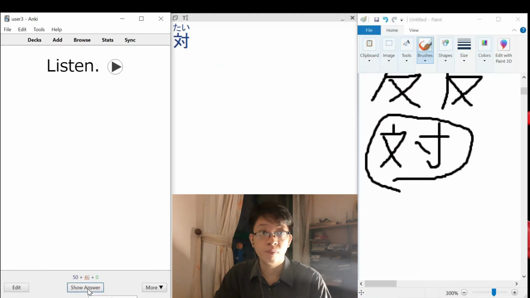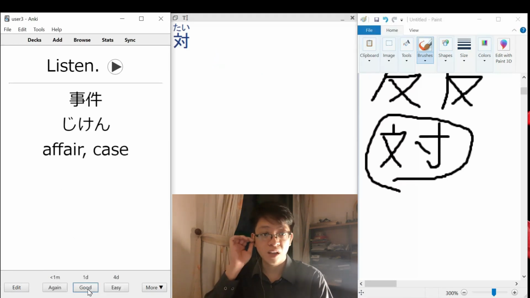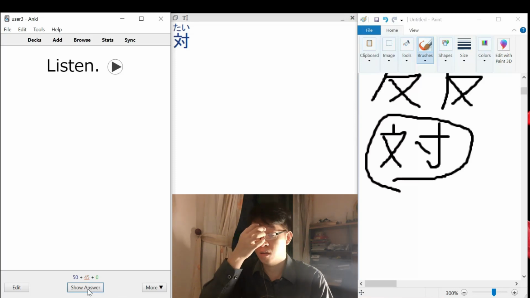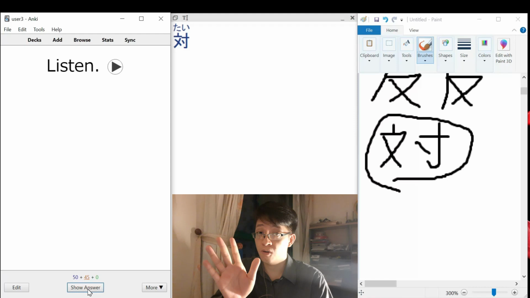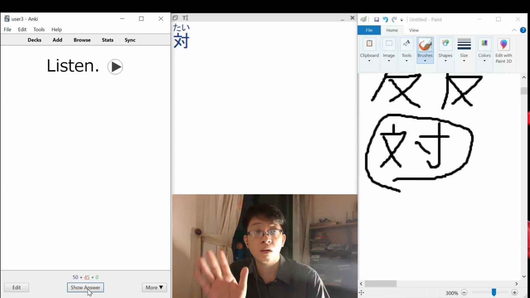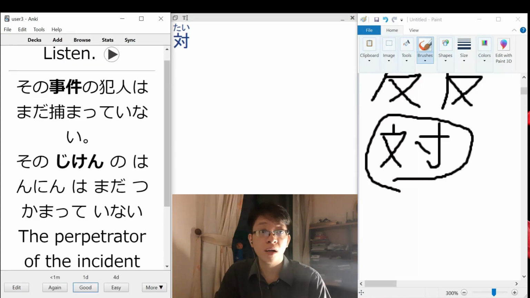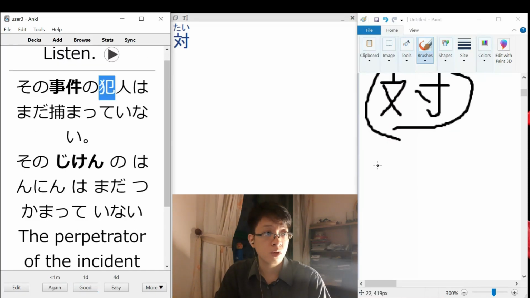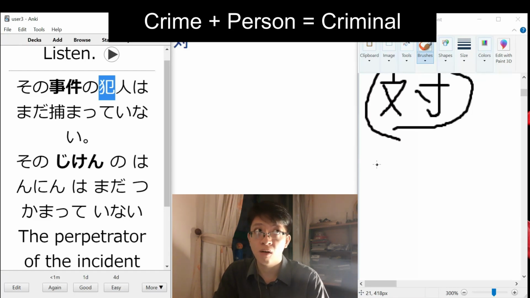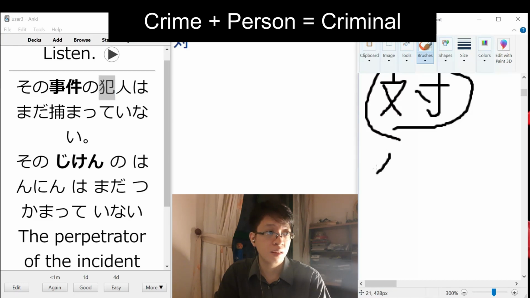事件, incident, okay, we know this. その事件の犯人はまだ捕まっていない。Okay, so we have the kanji for the criminal and the kanji for to catch, right? Okay, so this one means crime or sin. Okay, so we have the part here that means an animal.